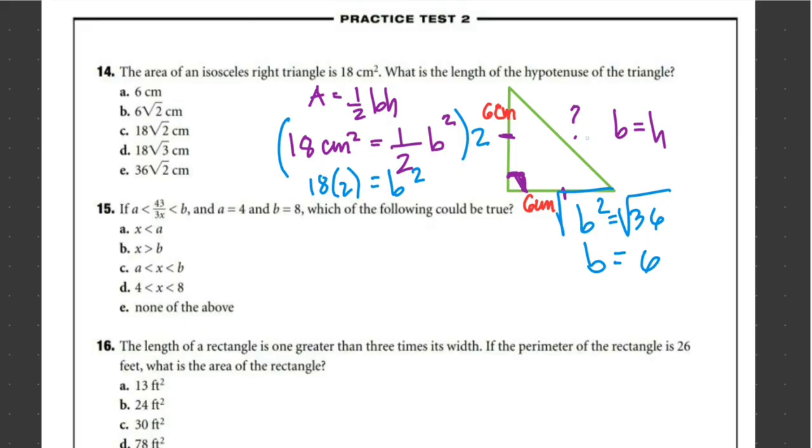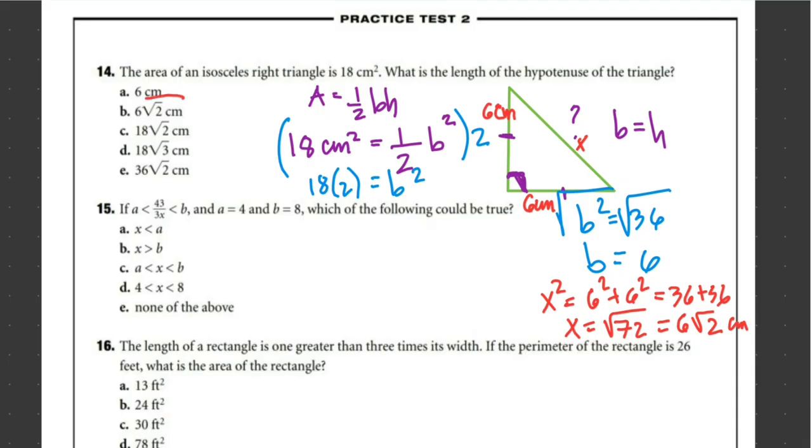Let's say the hypotenuse is x, so that is x squared equals 6 squared plus 6 squared. So x is just equal to the square root of 72. And 72 is 36 times 2, so that is 6 square root of 2 centimeters. Okay, so the answer here is letter B.